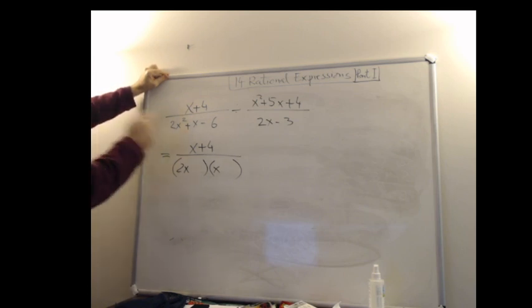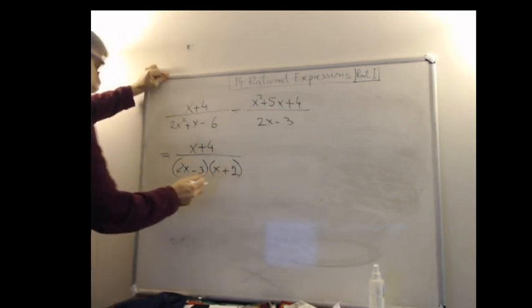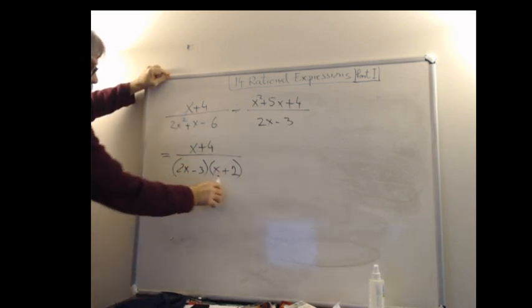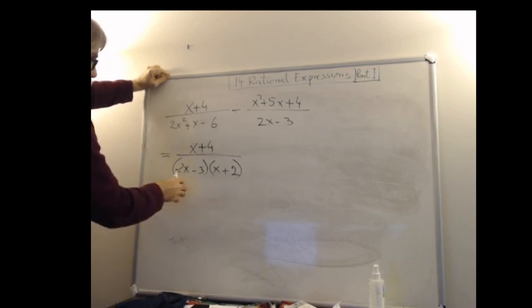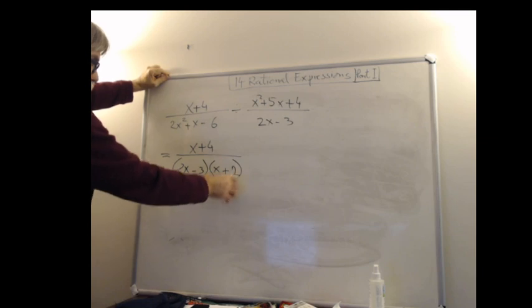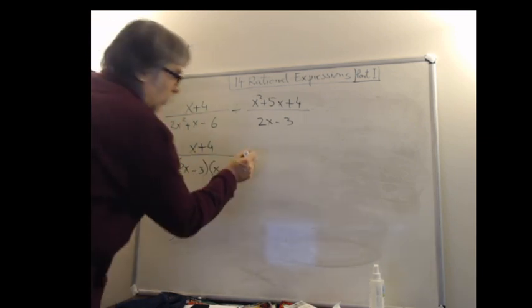So I can get plus 2 and minus 3. Yes, minus 3x plus 4x, that's gonna give me 1x exactly. So I get 2x and x is 2x squared. I got negative 3 times 2, which is negative 6, and I get negative 3x and 4x, which is going to be 1x right here. So that's a factorization.